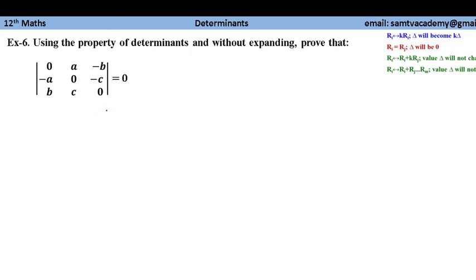question number 6. Okay, so in this we are taking LHS. LHS should be equal to 0 because RHS is 0. So in this we will write the first step. What steps are we going to follow?